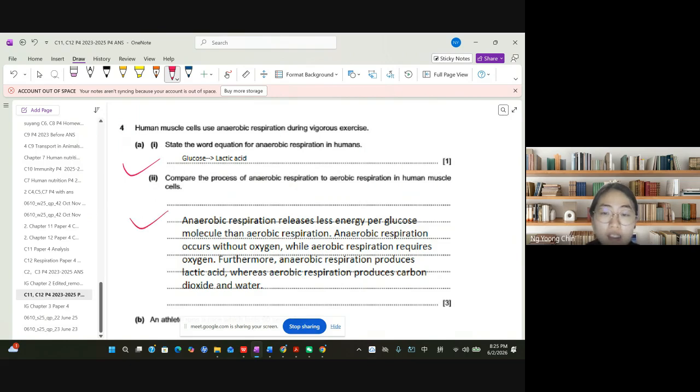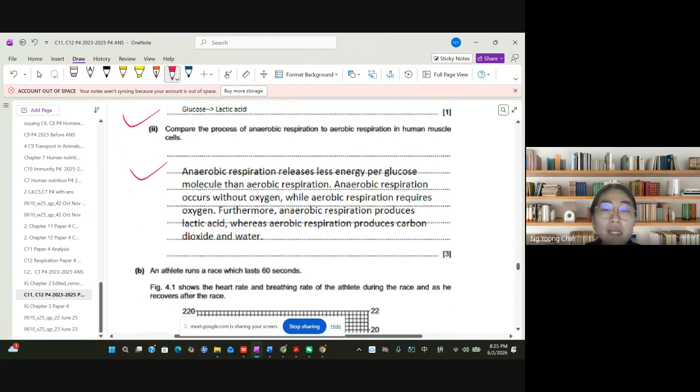Yeah, the revisions. And then for this one, okay, compare the process of anaerobic respiration to aerobic respiration in the human cell. Yeah, so compare. Okay, and also whenever they ask about comparisons, right, this is how they should write.